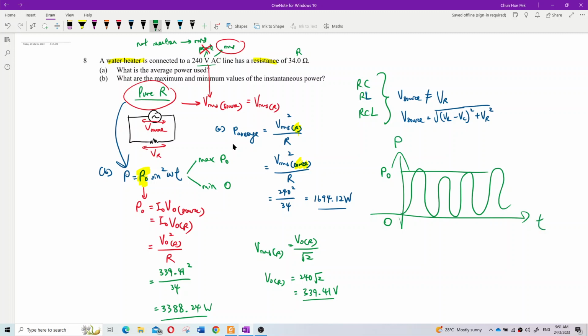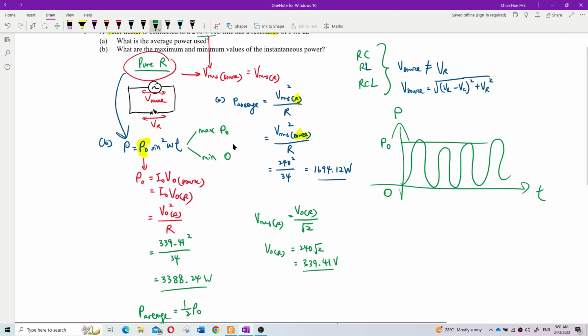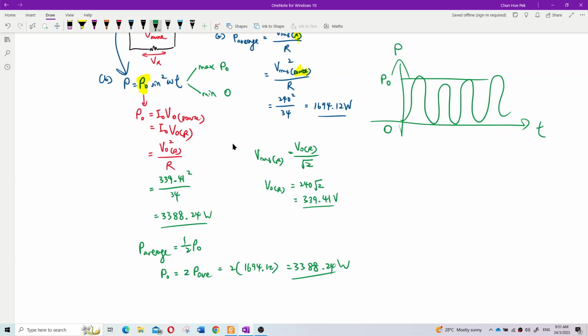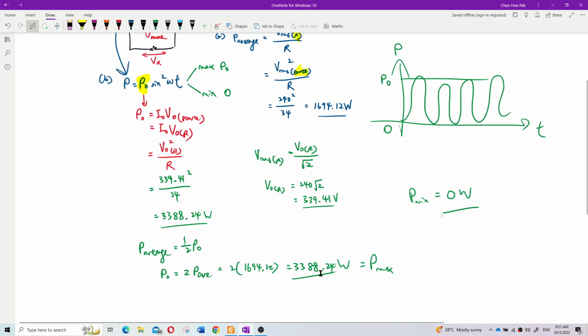So the power maximum is P naught, and the power minimum is 0.